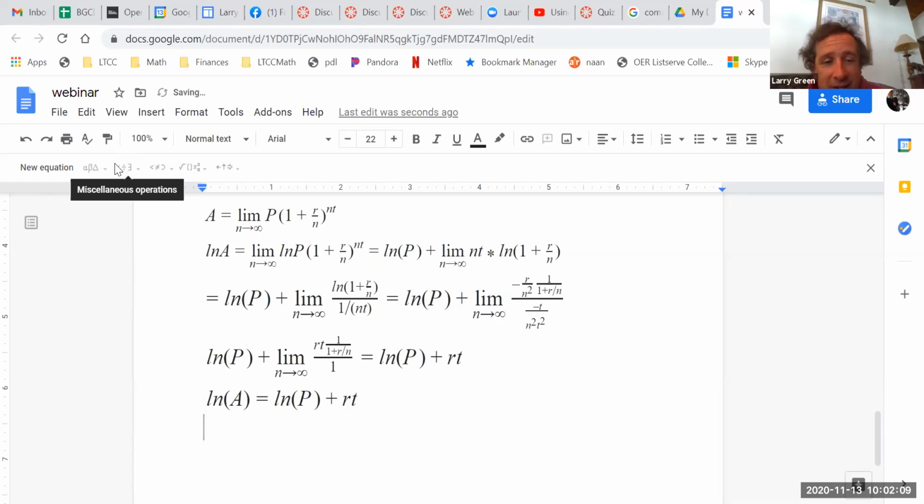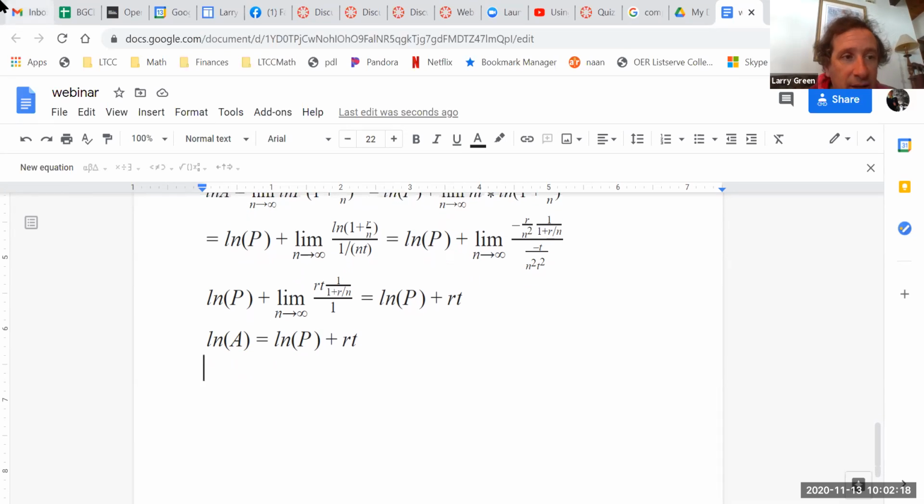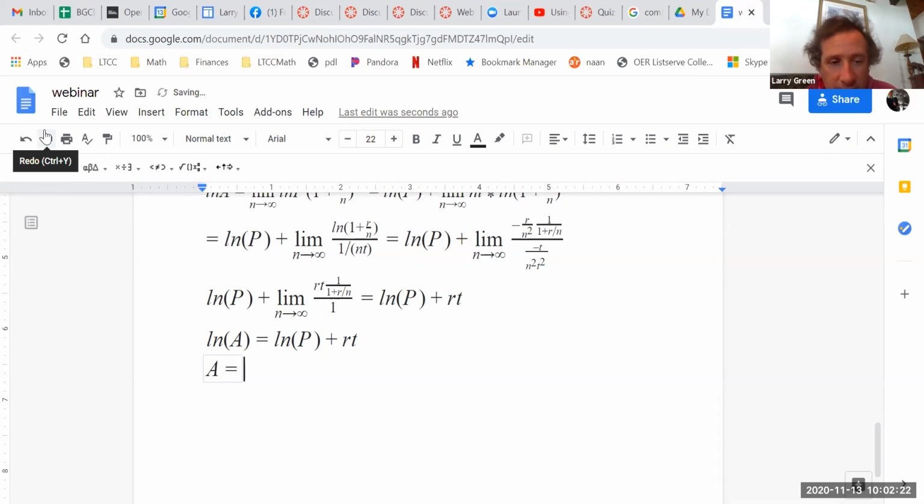Okay, now again, we did a trick and we found the log, but we don't want a log of a, we want a. So to get rid of the log, we exponentiate both sides of base e. So now we can say that a is equal to e to the ln of p plus RT.